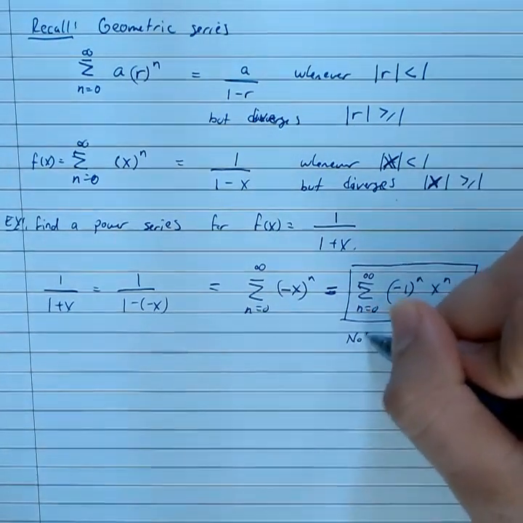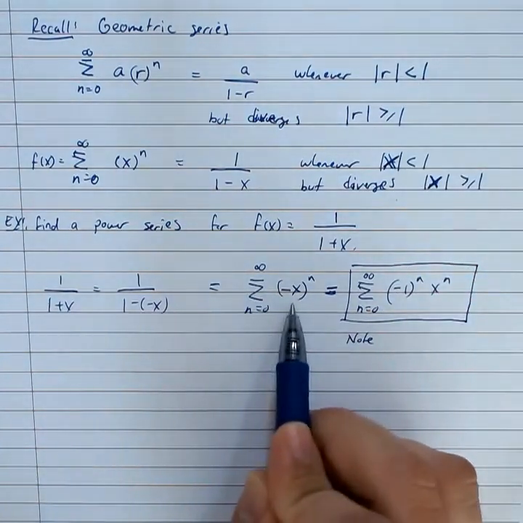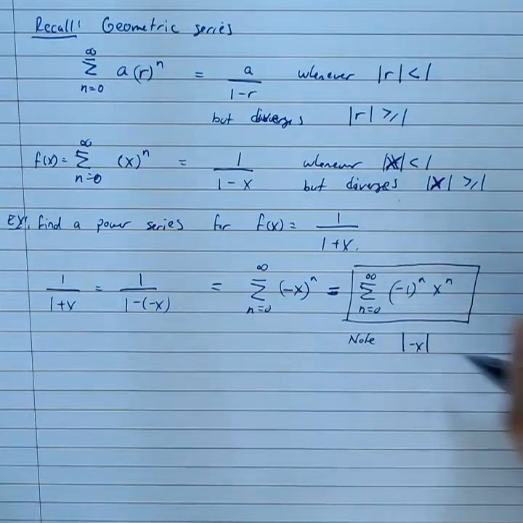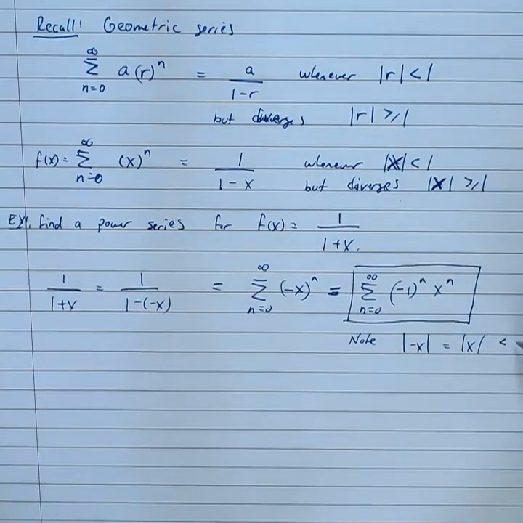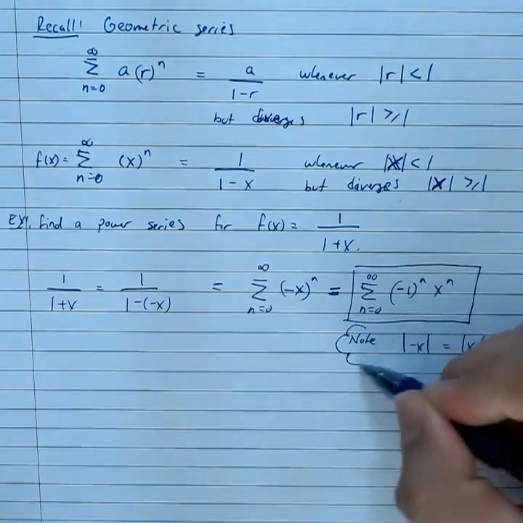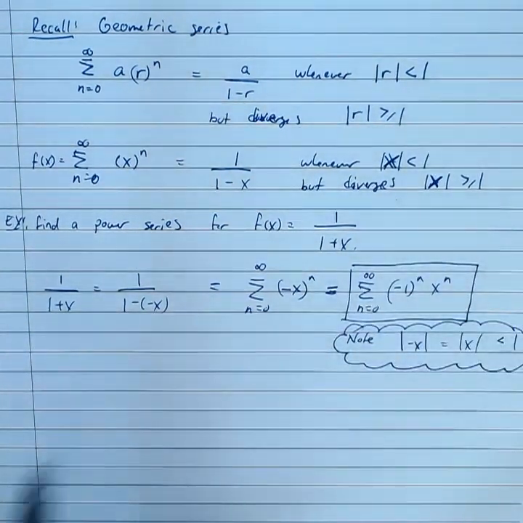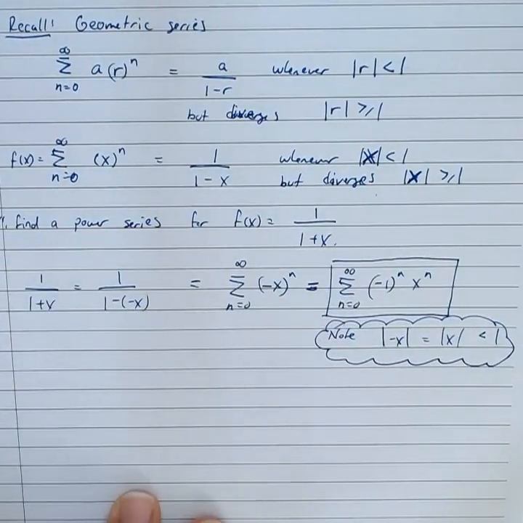For this negative x, this thing that we're calling r, we still need the absolute value of that negative x, which is really the absolute value of x, because the negative would go away, to be less than 1. So note that even when you're changing your function, you still have to consider its interval of convergence.